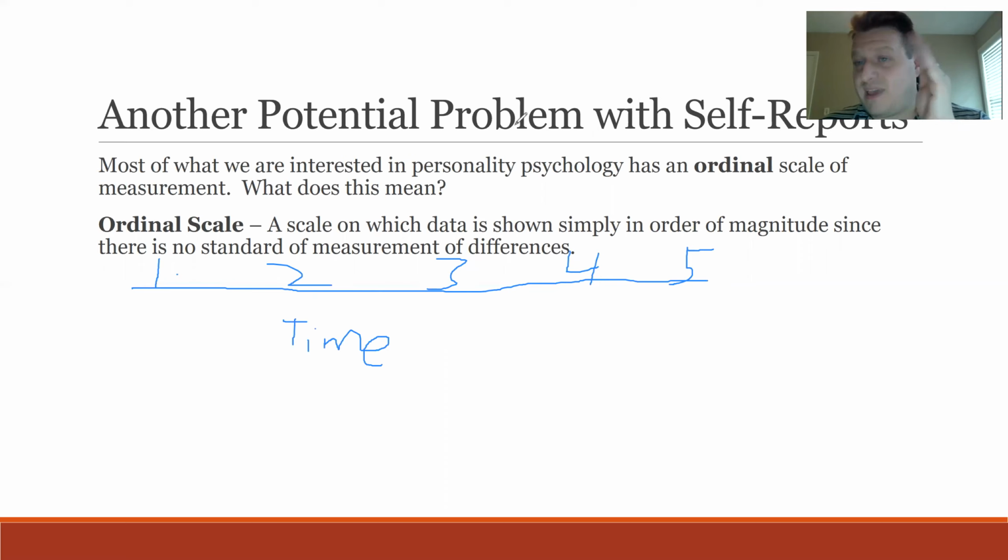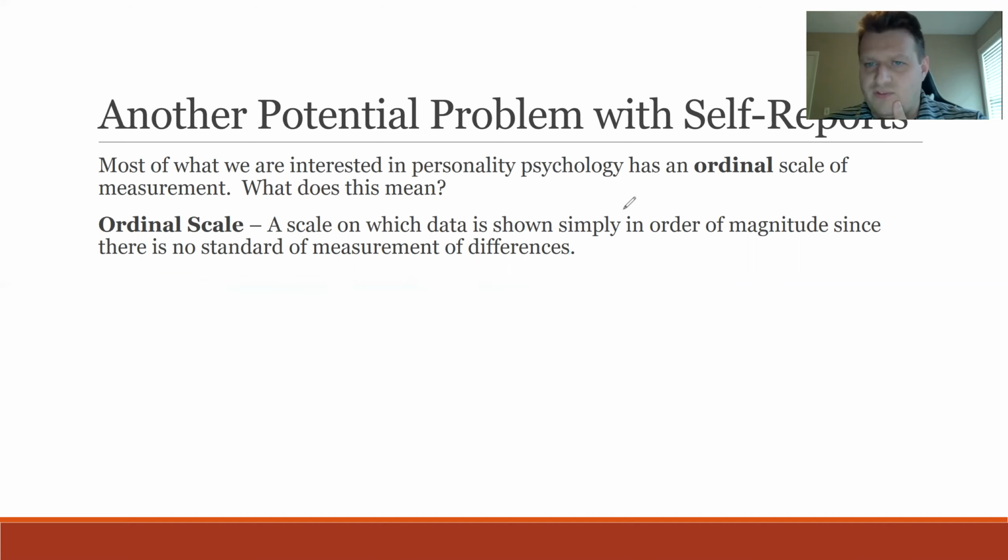Or perhaps it's the case that it takes a lot for you to endorse a 1 and a lot for you to endorse a 5. Okay, let's clear these, let me give you some examples of this. So it's an ordinal scale of measurement.